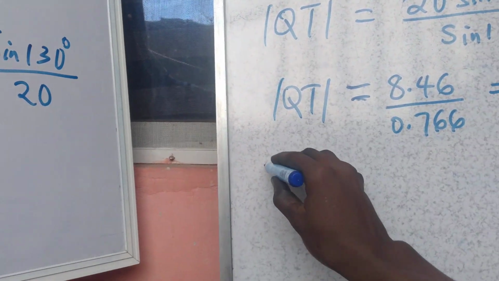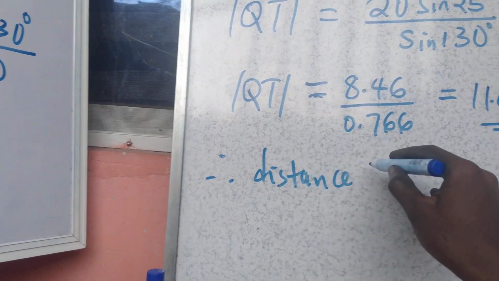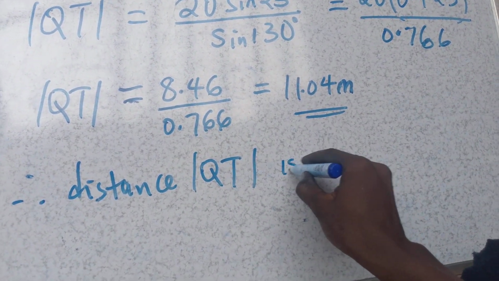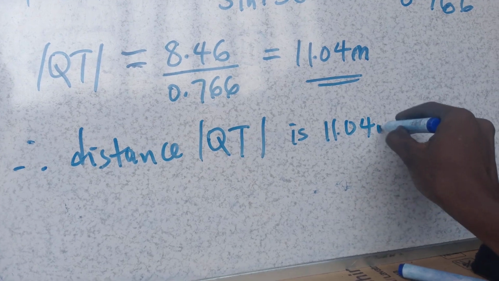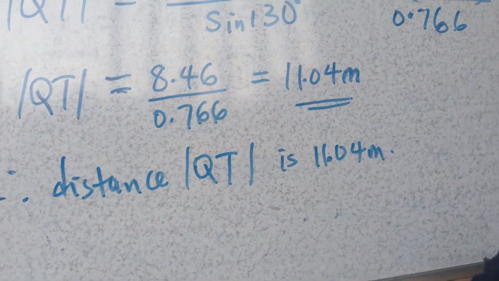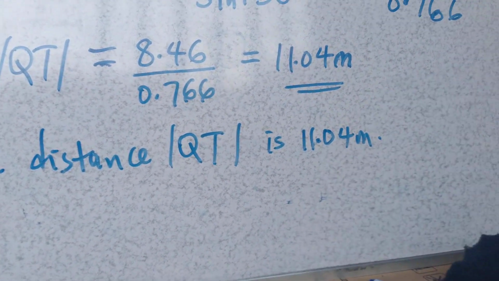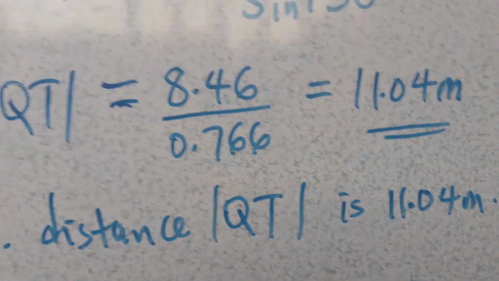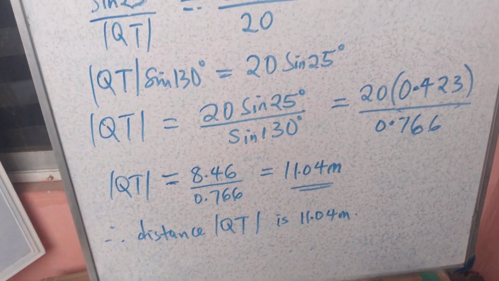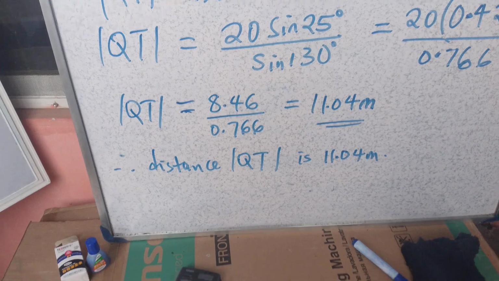So therefore distance qt is 11.04 meters. So I've gotten that distance qt is 11.04 meters and distance pt is 11.04 as well.